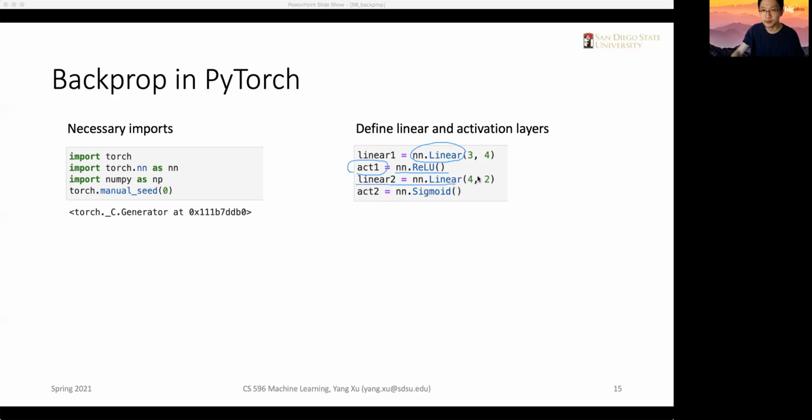Now, because the output for the first layer is 4, then we need to use the same value as the inputs for layer 2. This matching relationship will be verified at runtime, but not at the time that we define those modules.